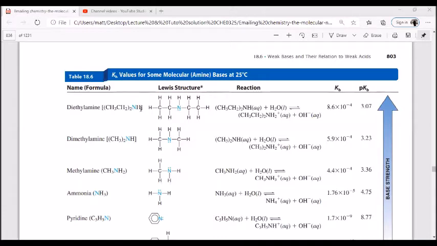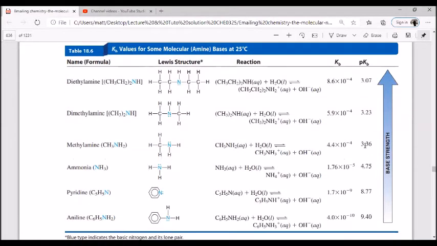For example, diethylamine here, you can see the reaction is as this one. As the reaction occurs with water, water dissociates, and the diethylamine gains one proton, forming this compound plus OH. So Kb is 8.6 times 10 to the negative 4, pKb 3.07. Alright, you can see my example here.